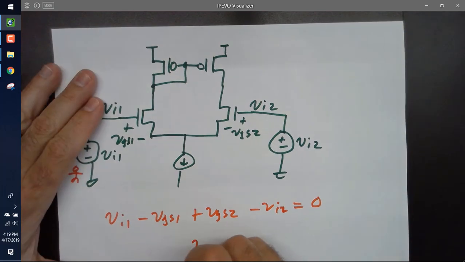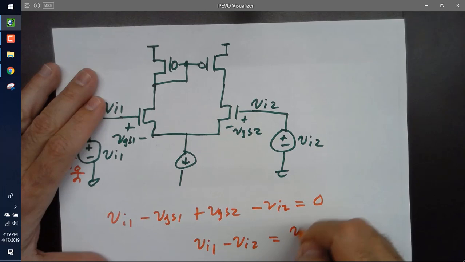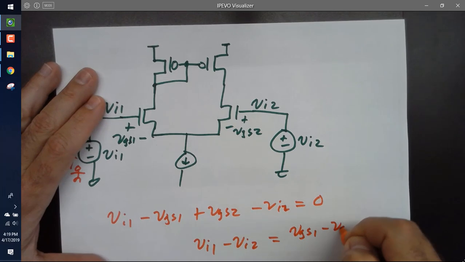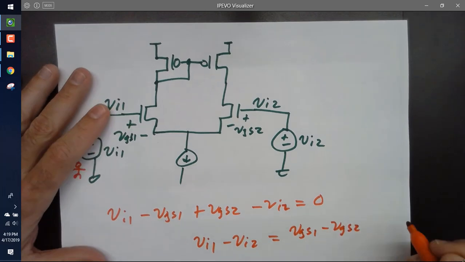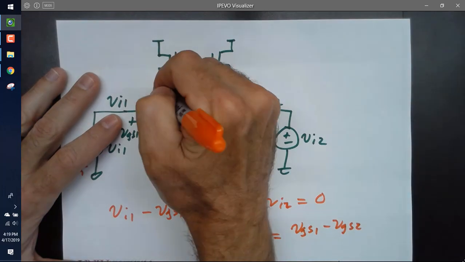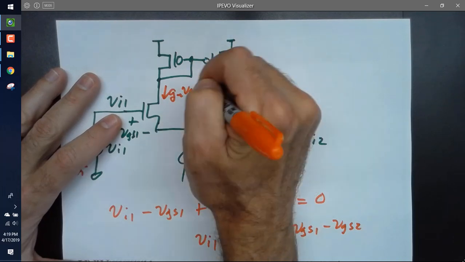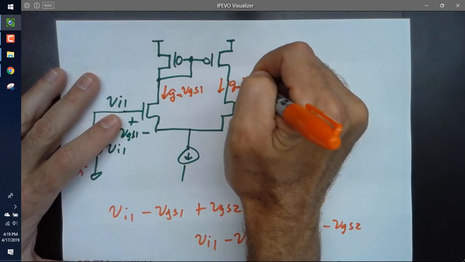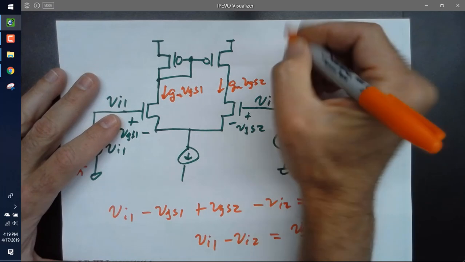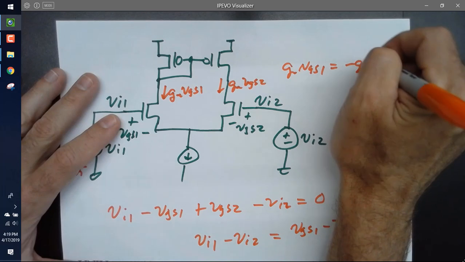Then I say Vin1 minus Vin2 equals VGS1 minus VGS2. Looking good. But I know this current gm·VGS1 has to be equal and opposite to gm·VGS2, or in other words, gm·VGS1 equals minus gm·VGS2.